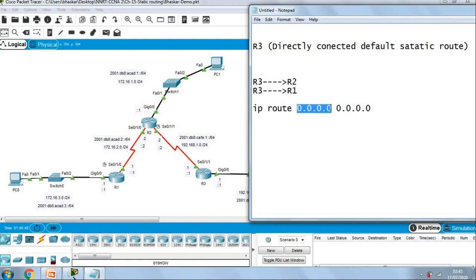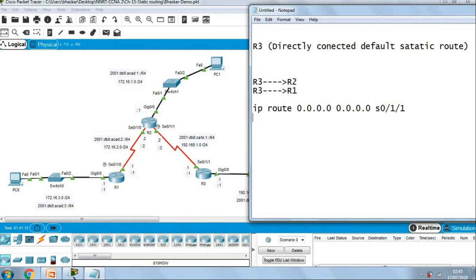That is 0.0.0.0 0.0.0.0, that is network and subnet mask. The question is I have to use directly connected, or exit interface. For example, directly connected means exit interface. I am at R3, my exit interface is this one, serial 0/1/1, right? So serial 0/1/1, that is my exit interface.